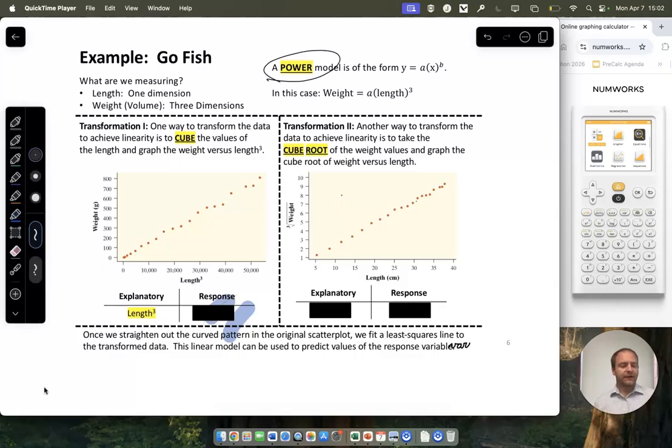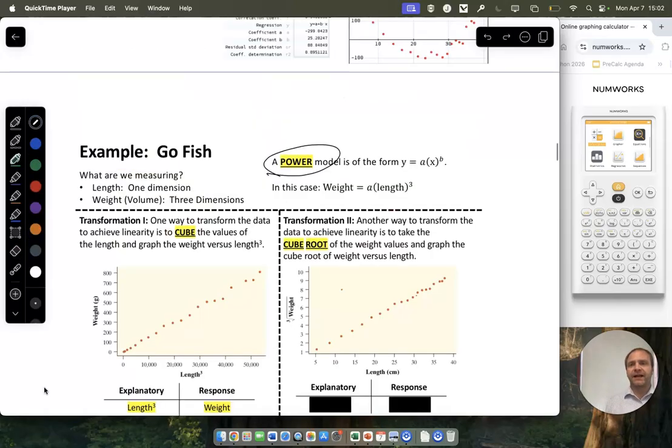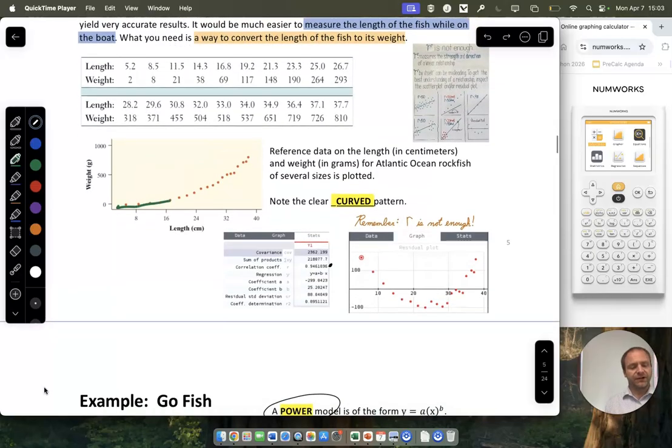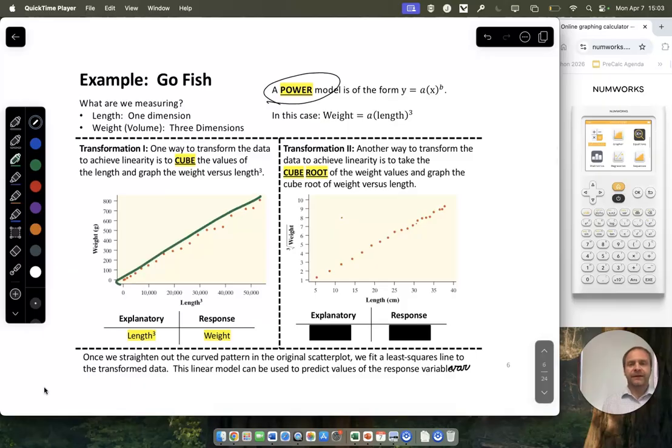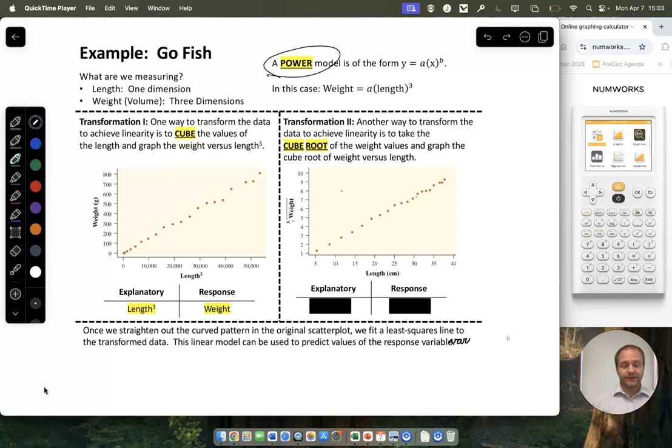And that's going to allow us to see, well, this is not perfectly linear, but that's not that bad compared to what we had above. There's a really big curve there, and in this case it's not as bad. Or the other way I could do this is I could cube root the weight.